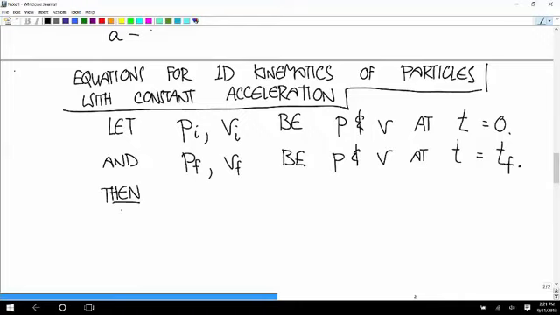So with those definitions, the velocity final, VF, so that's the velocity at time final, is equal to the velocity at time equals 0 plus A times TF.